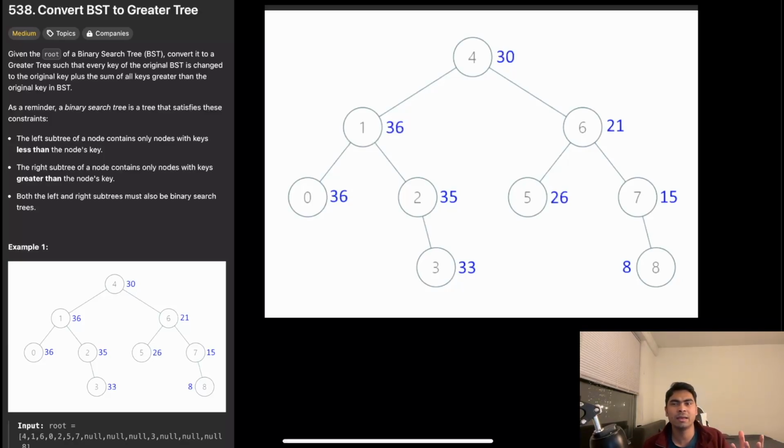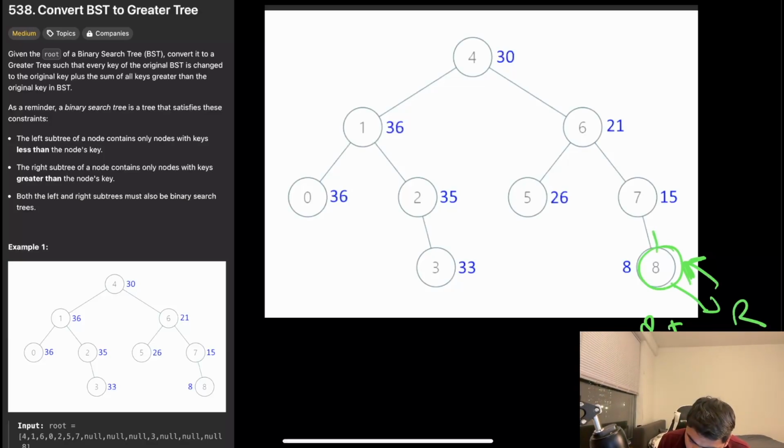We'll keep a global variable to update itself, so that we are summing up all the values on our way as we come from the right side, process the root, and then go to the left side. When I'm at 8, I assign it the combined values, which is 8 plus all the values from the right side.